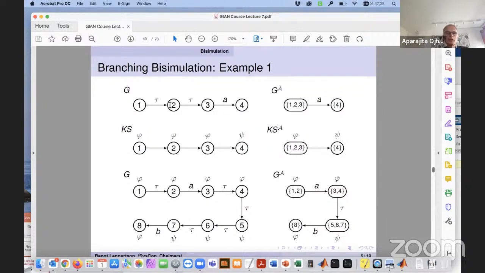Sometimes this is also called not hidden, but invisible. So here you see that by just this simple observation that these are hidden or invisible, I can immediately join 1, 2, and 3. This is called branching bisimulation.